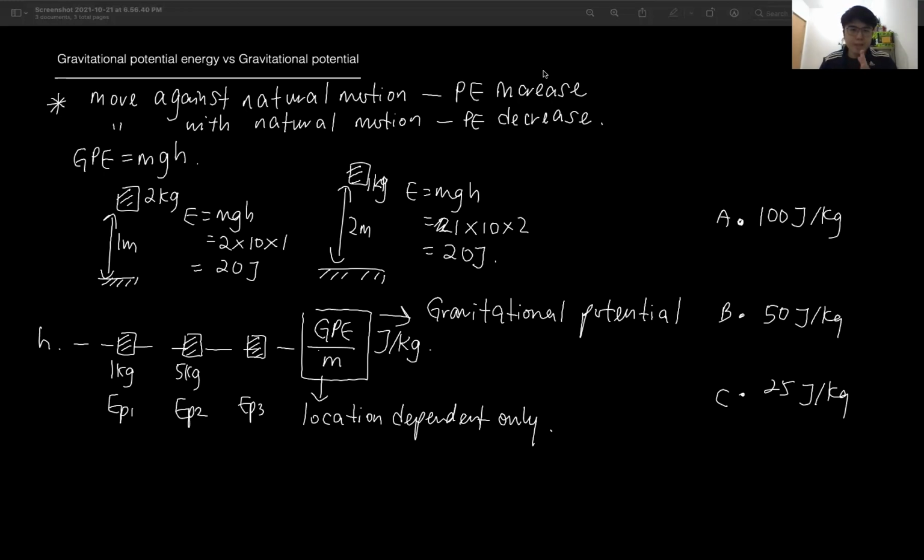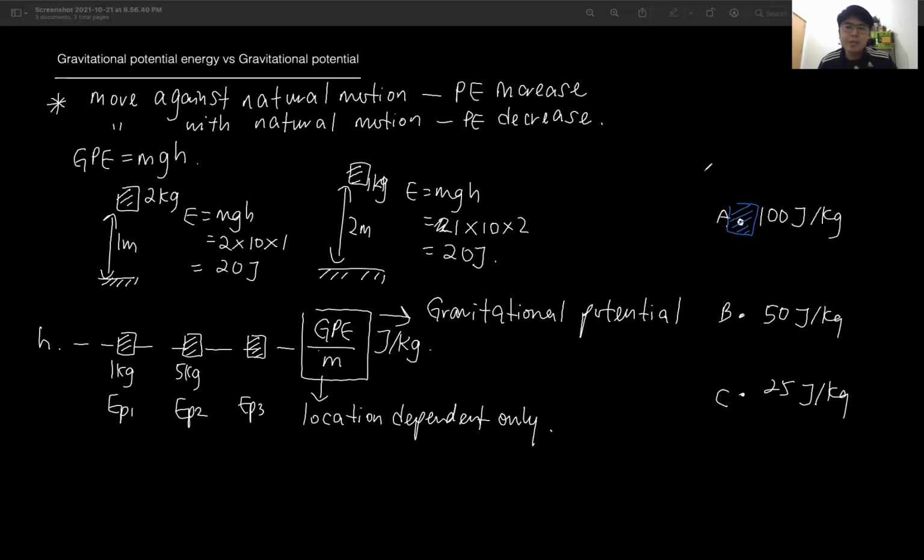What is it really, gravitational potential? So it is just information. What do I mean by that? Let's say you place an object of 1 kg at point A. Then the object is going to gain how much potential energy? You can calculate. So 100 joule per kg.